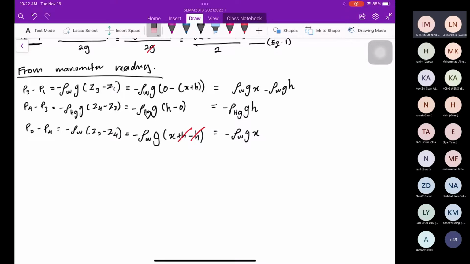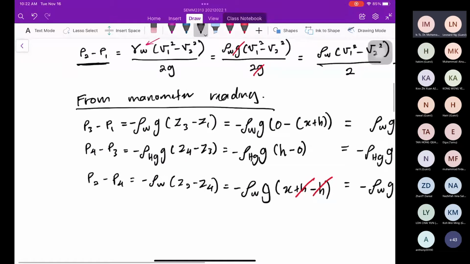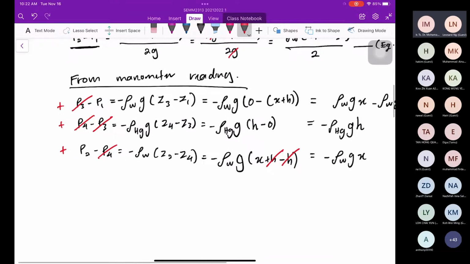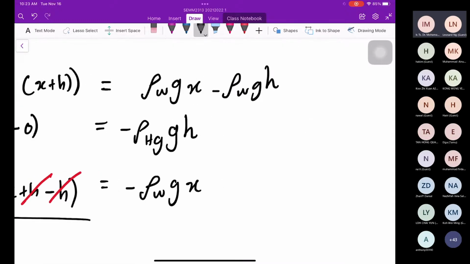So from here, you can cancel out P3. You can add everything. Plus, plus, plus. You can cancel P3, P3, P4, P4. Now, you get P2 minus P1 equal to this one, yeah? This can cancel this.